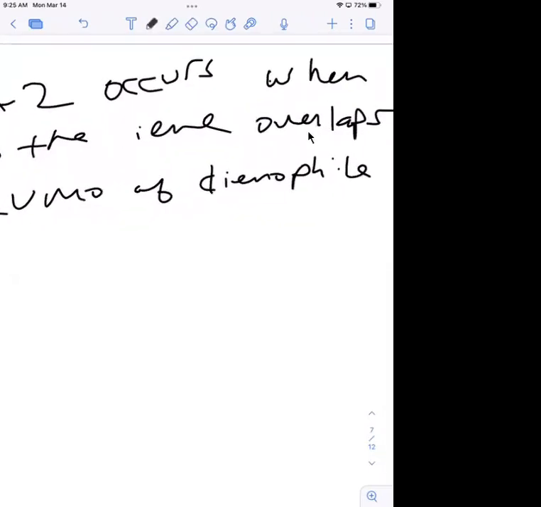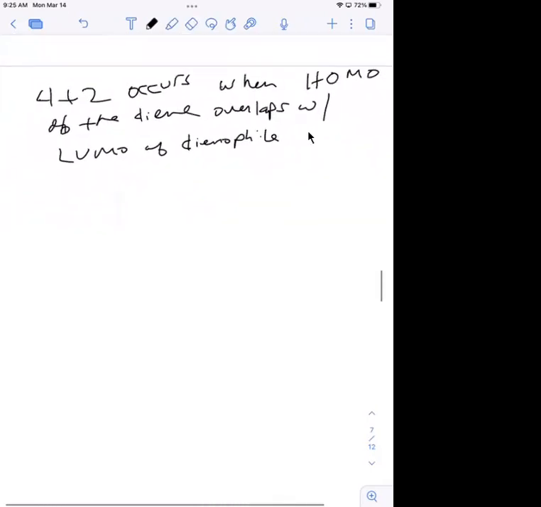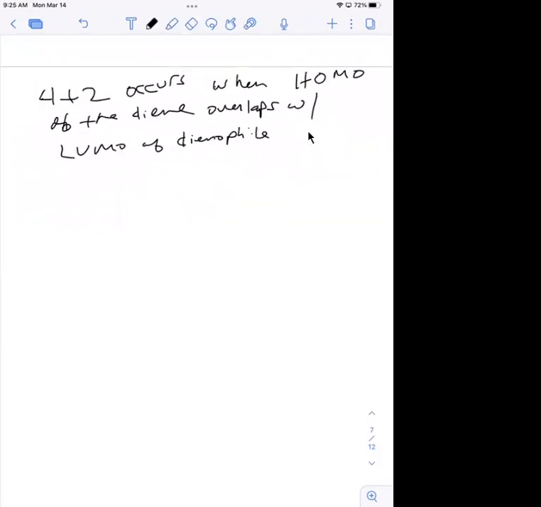So the HOMO of the diene overlaps with the LUMO of the dienophile, and that is how the reaction happens. All of the bonds that are formed happen because of orbital overlap. If it's the HOMO overlapping with the LUMO, it's the HOMO that's supplying the electrons to initiate the reaction.